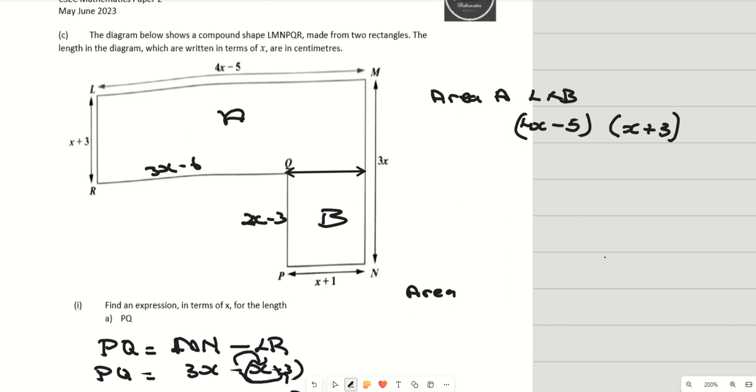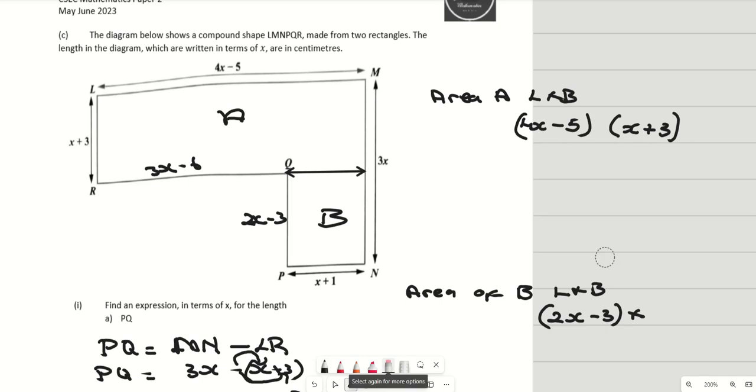Area of B would be also length times breadth, which is, your length is 2x minus 3 by breadth is, let's put this in brackets, by x plus 1. So let's do the first one and then do the second one. Whatever answer we get, we have to add them up, right?